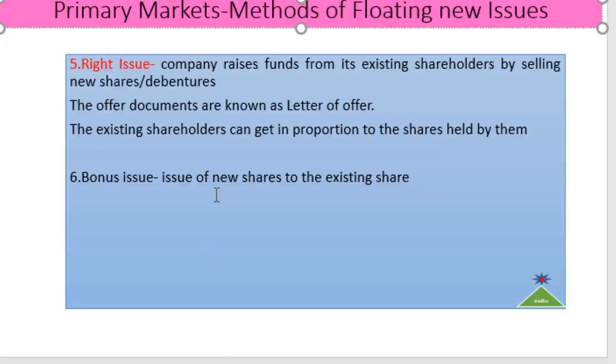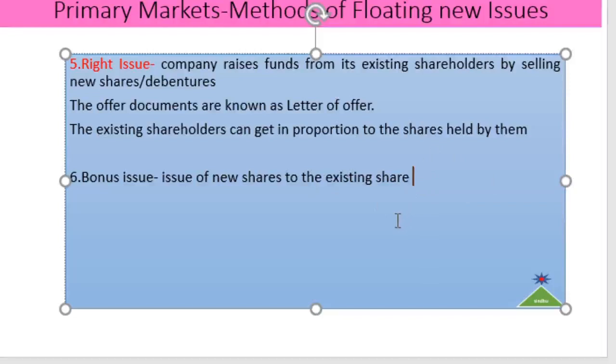And the next one is bonus issue method. Issue of new shares to the existing shareholders is the method. The difference between right issue and bonus issue is that for the right issue we need to pay money, whereas in the bonus issue method, shares are issued out of the reserves or accumulated profit.